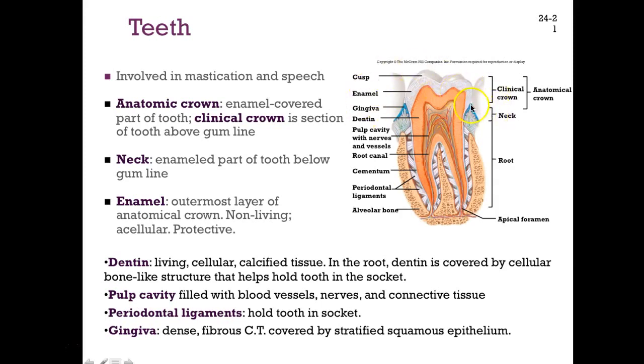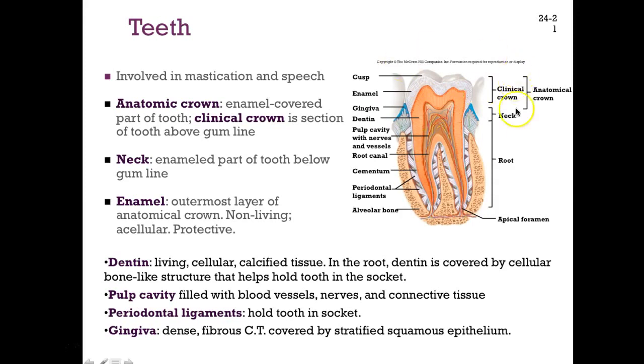Also, right below or starting at the gum line and down, where we see a little bit more of a constriction of the tooth, this is called the neck. And then we have the enamel that we already mentioned as the outermost layer here. This is non-living tissue. It's acellular, but serves as a very important protective component of our teeth.